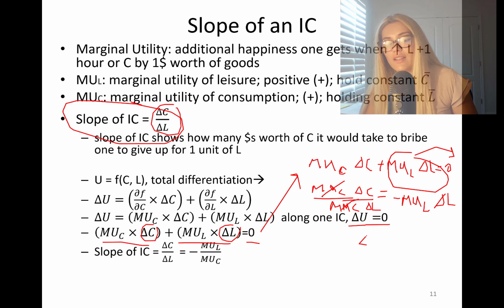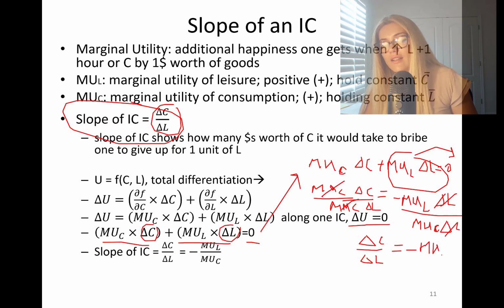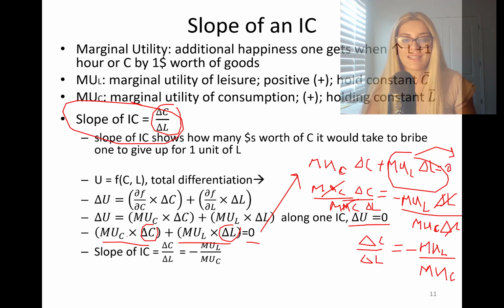On the left hand side you have delta C divided by delta L, equals, since we divided both sides by delta L and marginal utility of consumption, the delta L's cancel out. You have negative marginal utility of L divided by marginal utility of consumption.